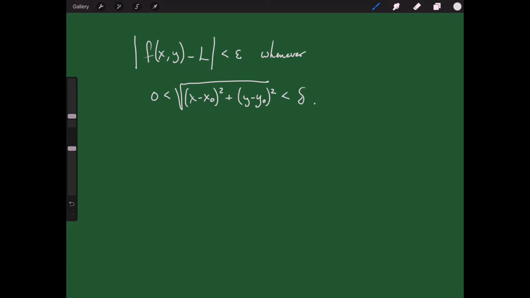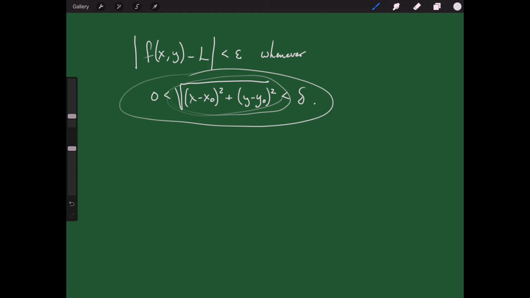Okay, so you can look back over that definition a couple times if you need to, but it's saying something sort of simple, and that is: what does it mean for the distance between x, y and x0, y0 to get close together? If it's close together, then this number is getting small.